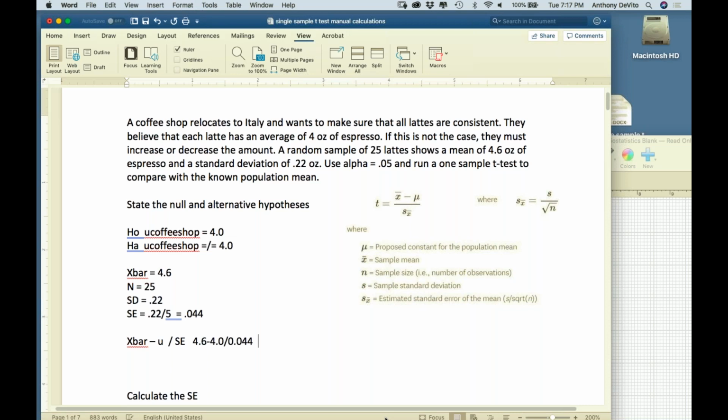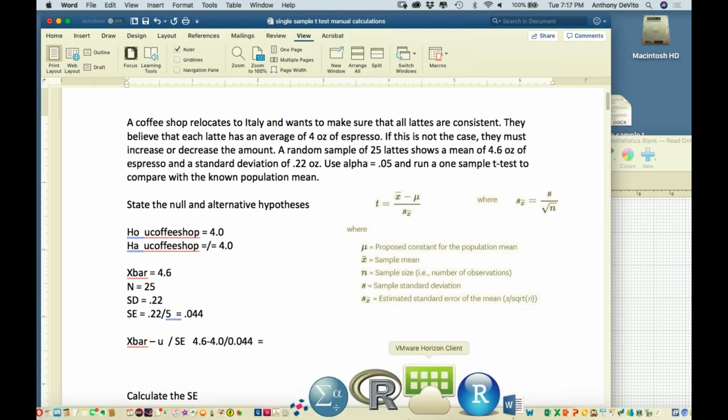Okay, what does that come out to be? 13 point something, right? I'm going to call it just 13. Okay, that is your t-score, right? That is the number of standard deviations apart that these two numbers are.